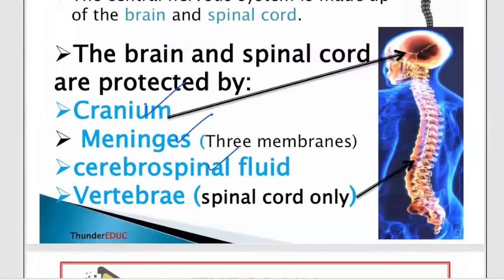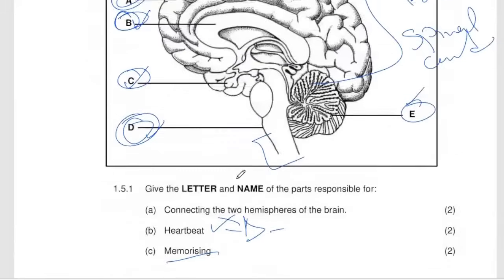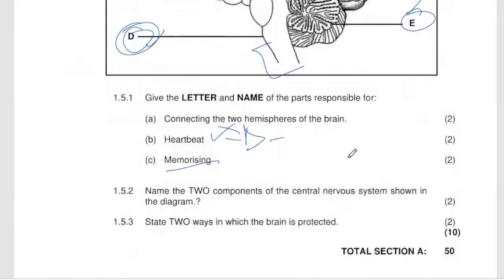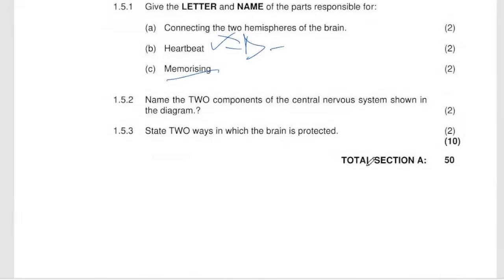All right, then we continue to the next question, and we say that, hey, this one is done. So you see that this paper was a little bit easy. So the same thing that you're going to write is going to be a little bit easy, and you're going to be able to pass the paper.